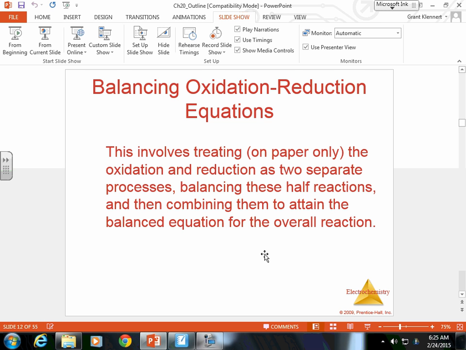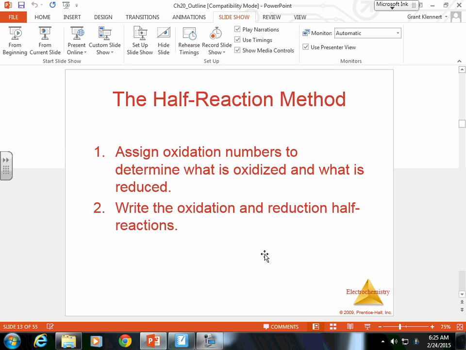When we balance these oxidation reduction reactions, this is simply a way on paper for us to account for the electrons that are moving from one side of the equation to the other, or what's being oxidized and what's being reduced. Typically we're going to do the half reaction method, where we take half of the reaction at a time. So we're going to assign oxidation numbers to determine what's being oxidized and what's being reduced. And then we're going to write the oxidation and reduction half reactions. We're going to show an example of this in a second.